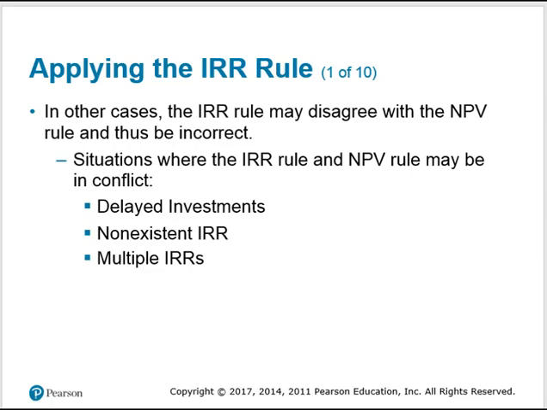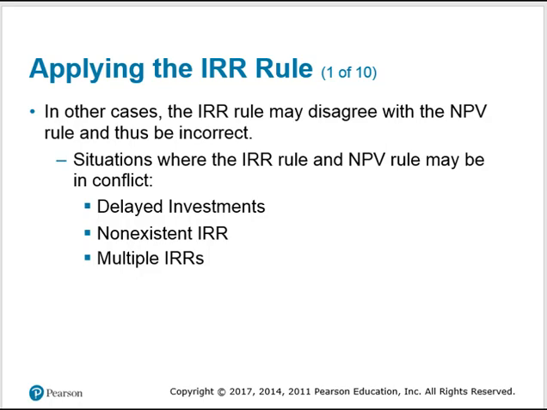So what are the situations where net present value and the internal rate of return disagree with each other, right? So what can happen? And there are three primary instances where this happens. Delayed investments, we have times when there just are no answers.